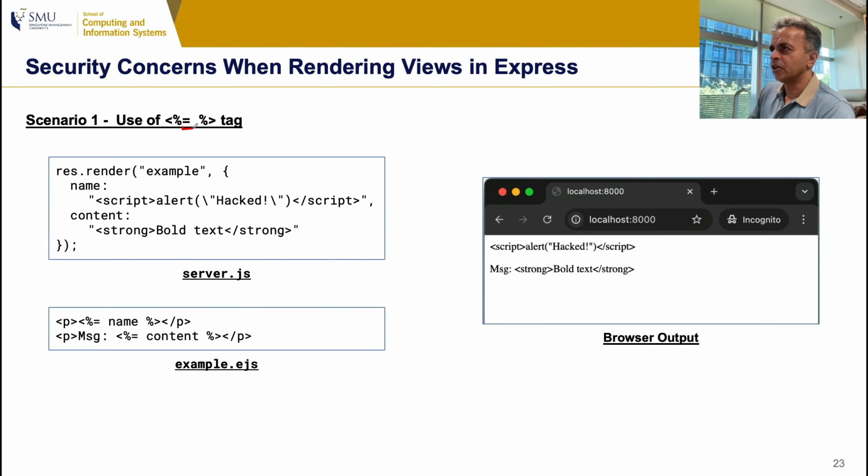Here I'm echoing using the equal sign. I have an object that is created out of a name and content. Let's say the name and the content came from some form, and instead of typing in a name, the hacker actually typed in a script saying alert, which is a message box, and he's just going to say hack. And if you render it using the equal sign, this is harmless.